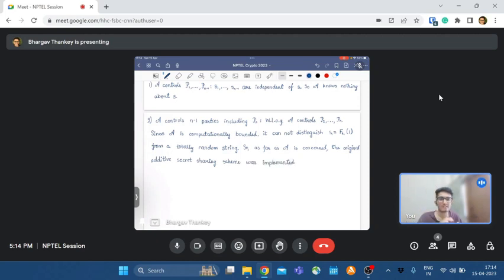Since A cannot distinguish between the share of P1 and a completely random string, that share might as well be a completely random string, right? But in that case, as far as A is concerned, the original additive secret sharing scheme was implemented as is, and we know that that scheme is secure.